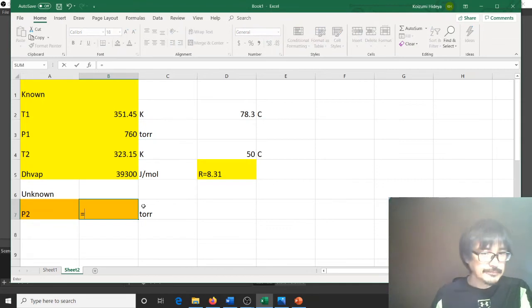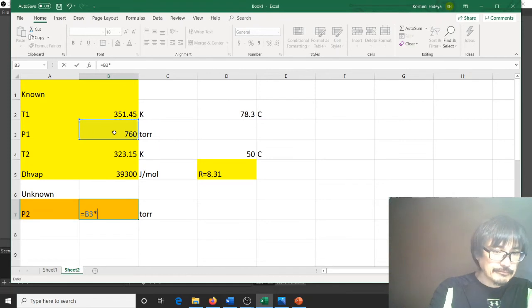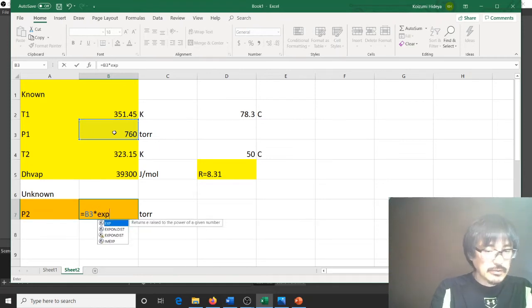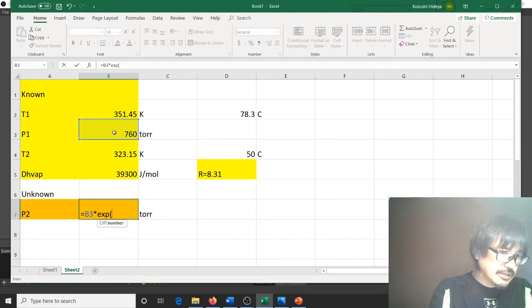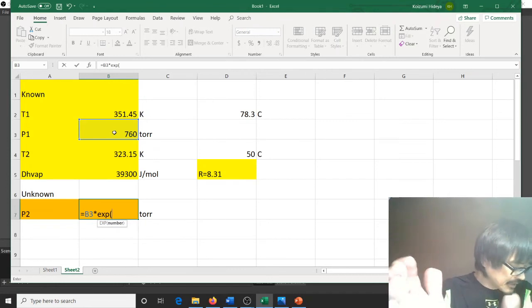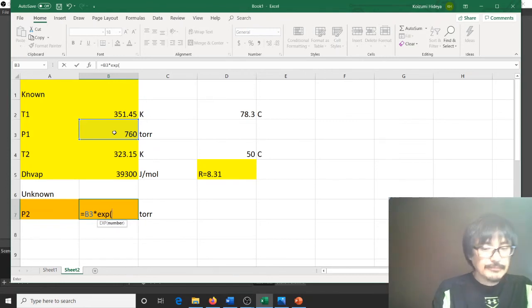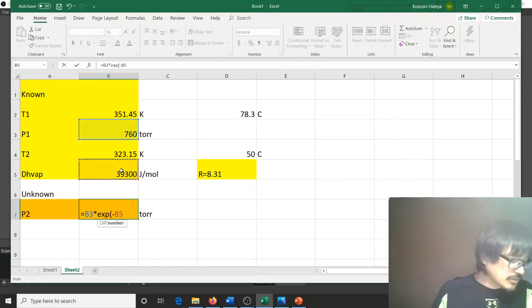Equal P1 multiplied by exponential, and then you have e to the power of this parenthesis, minus delta H of vaporization divided by 8.31.